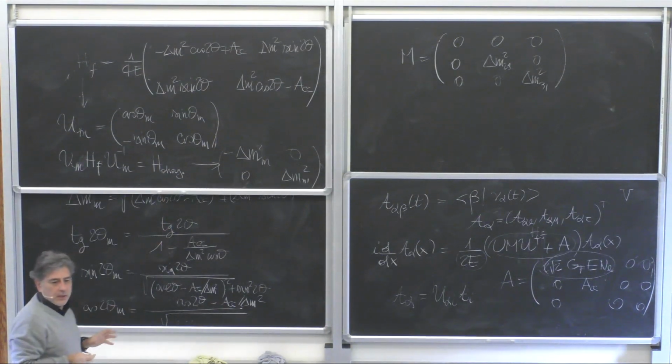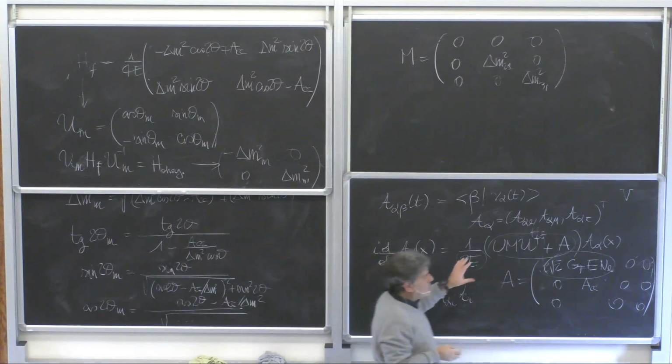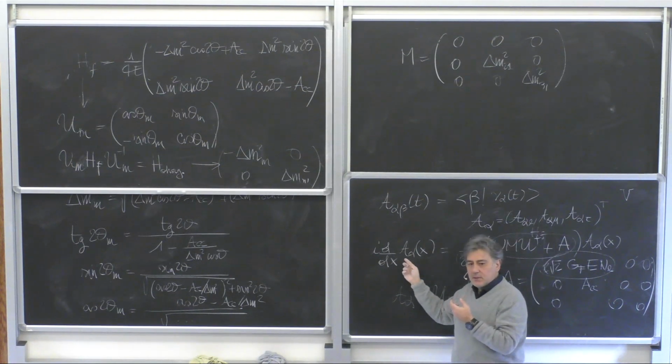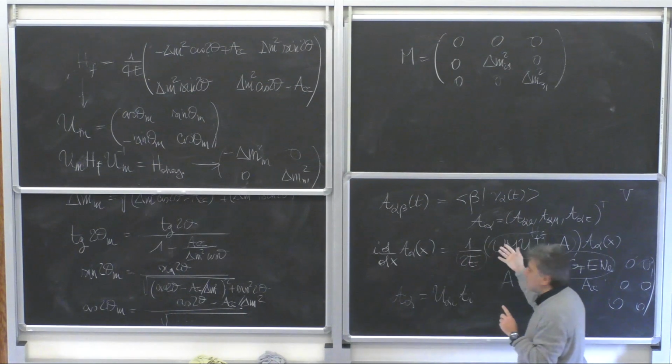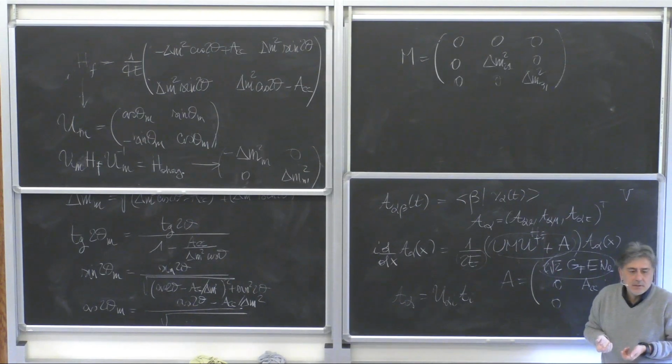What are we doing? We have the evolution of these components, but with some matrix that is not diagonal, and we want to diagonalize it.